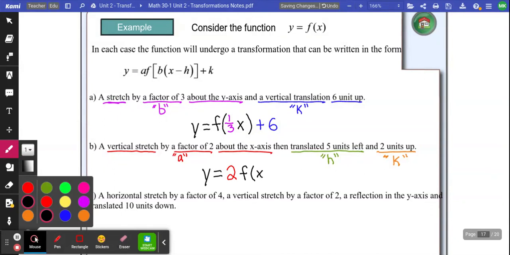It would be x plus 5. My h value is negative 5, but if I do minus negative 5, it makes it plus 5. Close the bracket.